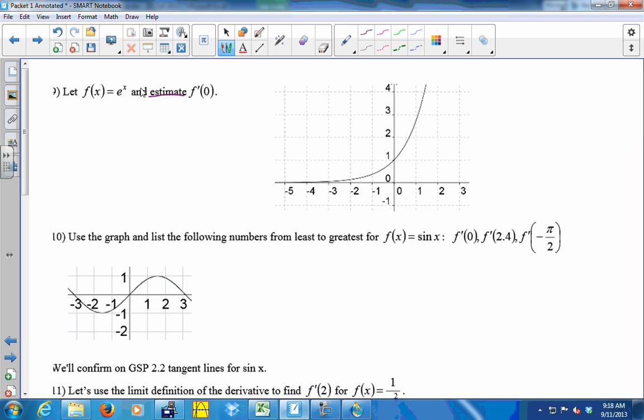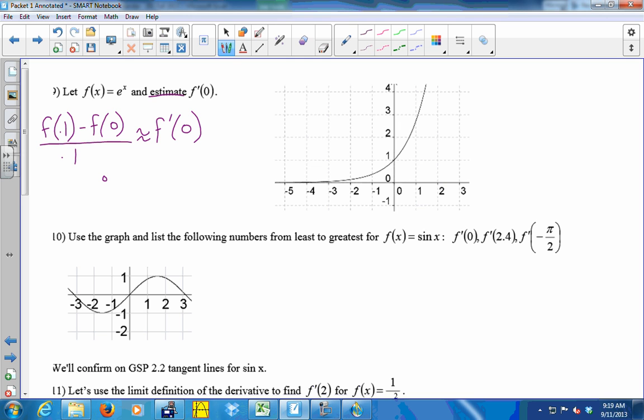So you've got to come up with an estimate for the derivative at 0, which we know is the instantaneous rate of change, and we've been doing that via an average rate of change, a difference quotient, letting that difference quotient get closer and closer to 0. So that totally makes sense that you would go to that because we've been doing that for several classes now. So maybe you would do f of 0.1 minus f of 0 over 0.1, something like that, right? That would give you an estimate of f prime of 0.